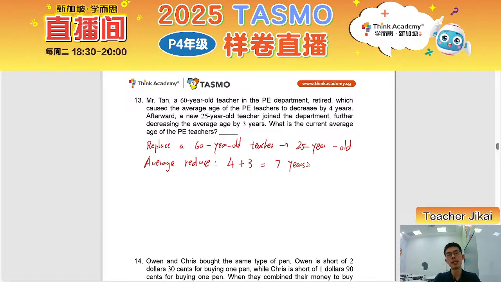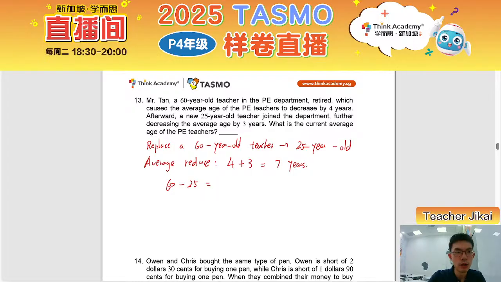So we can see the decrease in the one should be the total decrease in average. Based on it, we can know how many people there are. So 60 minus 25, this is the decrease. Everybody else is still the same, but the total decreases by 35. It will be equal to, you just imagine, everybody's average decreasing by 7 years.